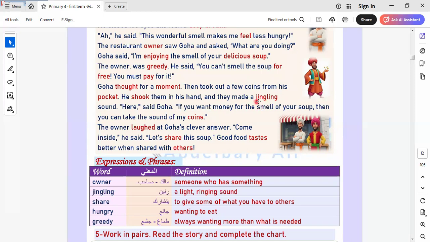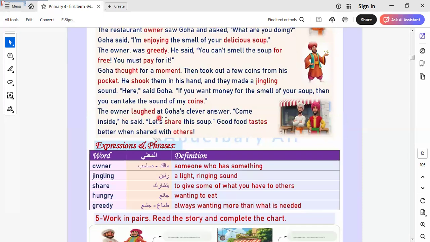Goha said, "If you want money for the smell of your soup, then you can take the sound of my coins." The owner laughed at Goha's clever answer.